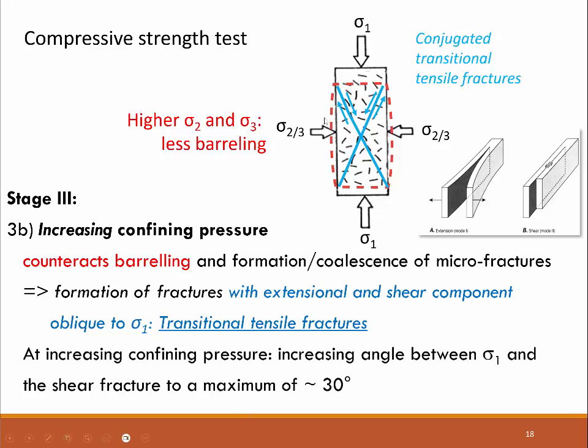It is important to see that with increasing confining stress, we are changing the orientation of fractures from tensile fractures parallel to sigma 1 to transitional tensile fractures at an angle of up to about 30 degrees between the fracture and sigma 1. This is the typical orientation of these transitional tensile fractures that form under compressive conditions and under increasing confining stresses.